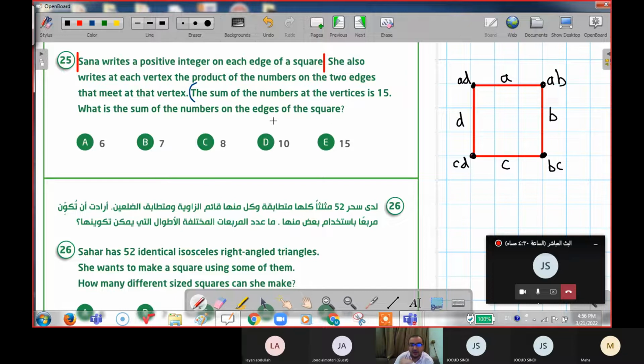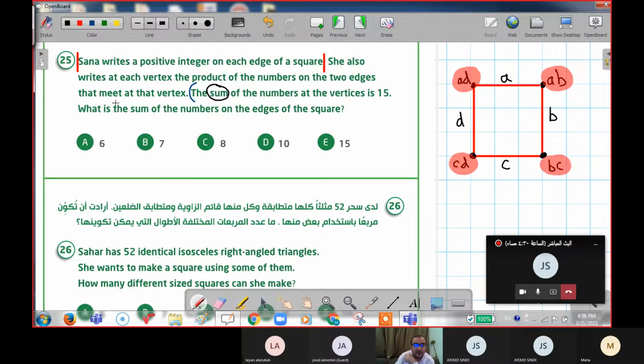Excellent. So the sum of the numbers at the vertices is what? 15. The vertices: this one, the first one, the second one, third one, and the fourth one.